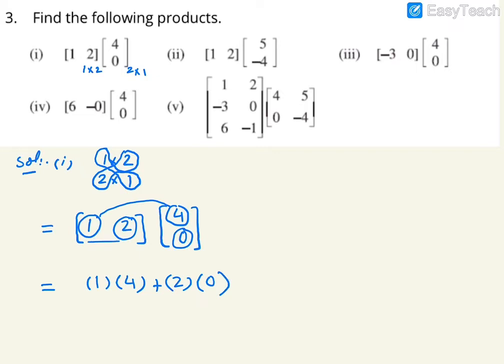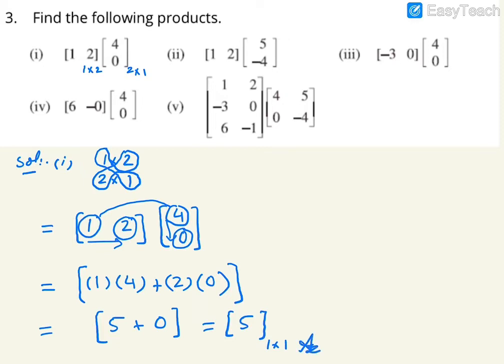We have one row. This row will multiply with this column. That's it. There is only one row. So 4 plus 2 times 0. 2 times 0 is 0. So 4 plus 0 will be 4. Hmm, 5 plus 0 will be 5. So the order of this matrix is 1 into 1, as we know already. So this is the answer.